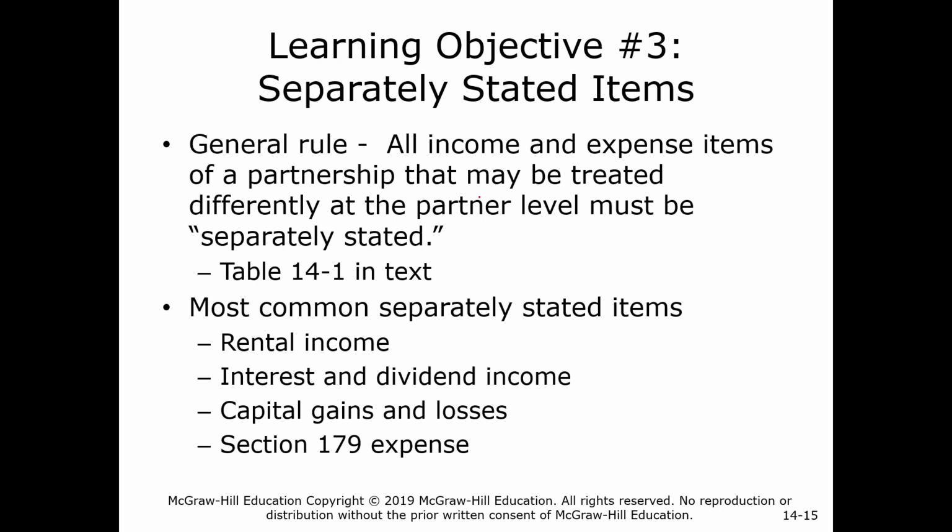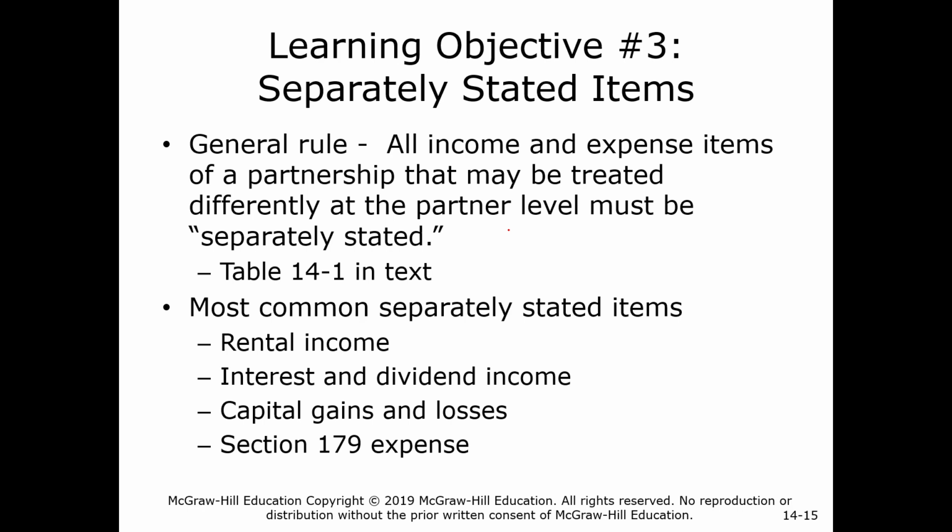As a general rule, all income and expenses that are treated differently at the partner level must be separately stated. What we're talking about are things like portfolio income, so interest, dividends, and capital gains and losses, which are going to receive special treatment at the individual level.